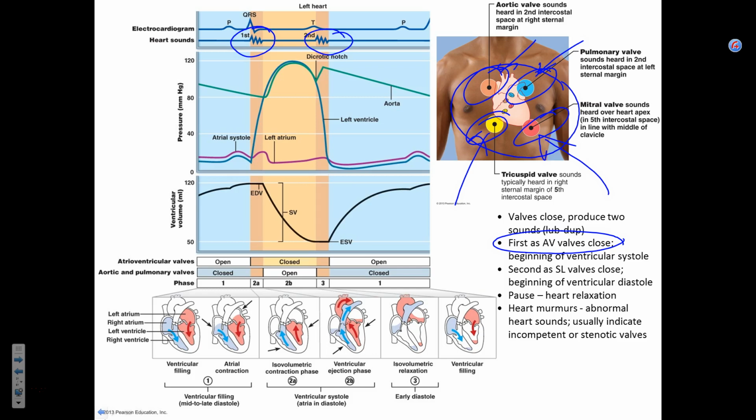If valves are defective, stenotic or incompetent, or have some kind of infection like endocarditis, you're going to hear heart murmurs. Murmurs reflect the backflow, the regurgitation of the blood through the incompetent valve. Okay? You ready to tackle this whole story? Okay, let's do it.